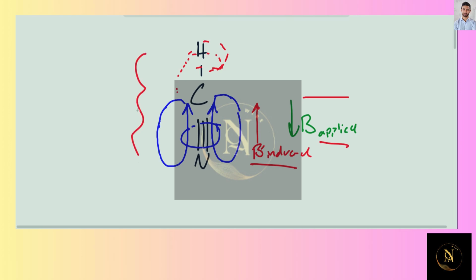So probably sketch something like this to show that the induced field opposes the applied field and explain that it's due to an induced magnetic field.